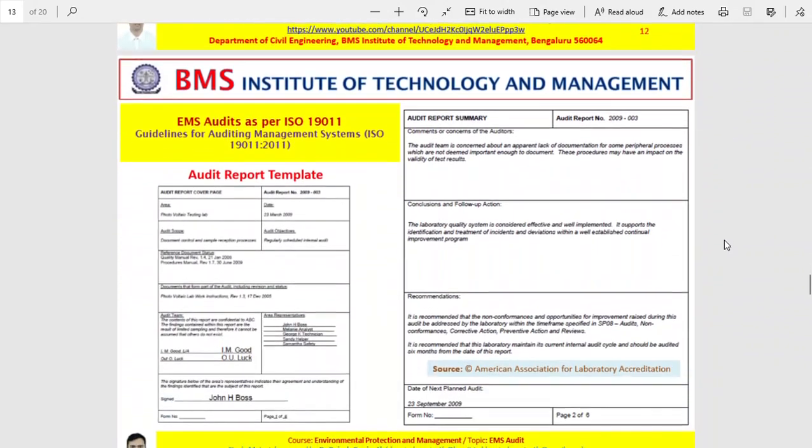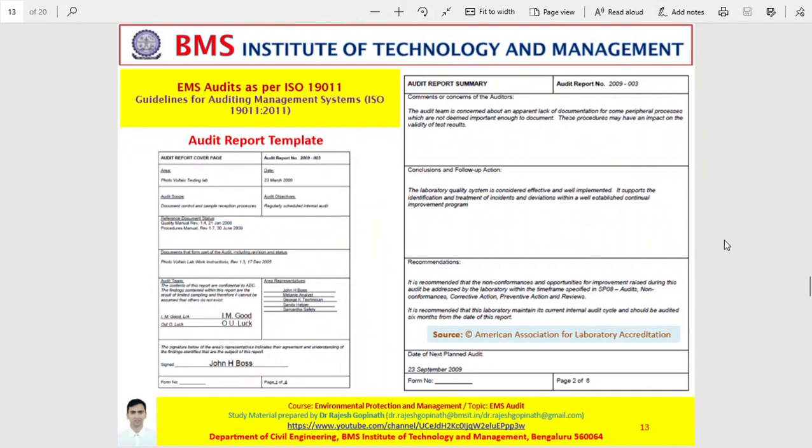Slide 13 and slide 14, both of them basically are samples of audit report. If you keenly observe, it basically requires information from the auditors with respect to administration, operation, waste management and other such processes.